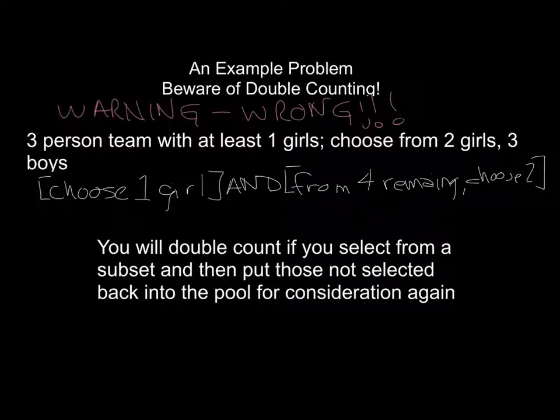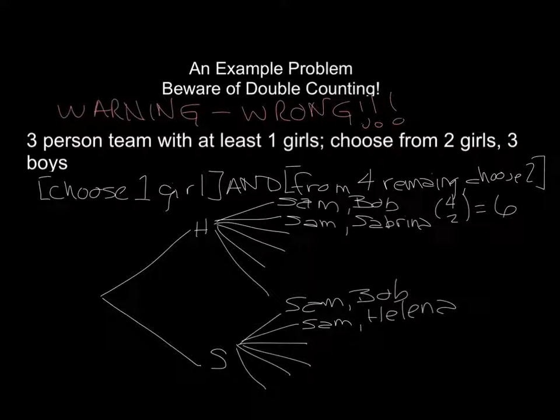So I'm going to summarize it this way. You will double count if you select from a subset and then put those not selected back into the pool for consideration again. In this example, we had selected from Helena and Sabrina. That was our subset. And then we selected Helena. Once we selected Helena, though, we reconsidered Sabrina again.